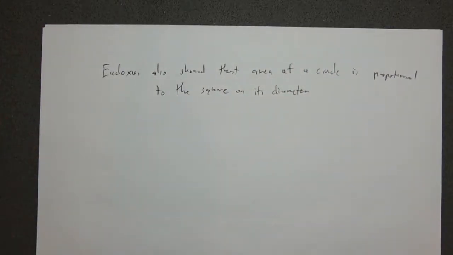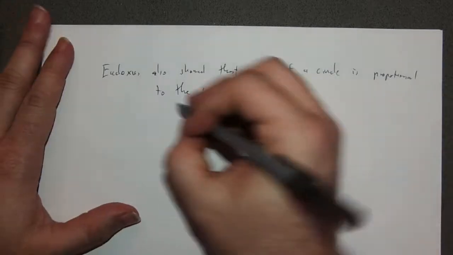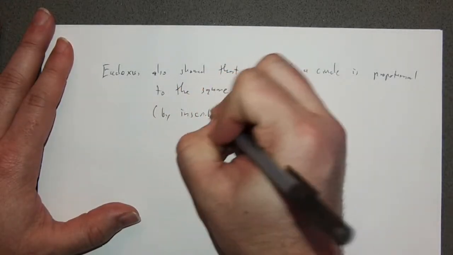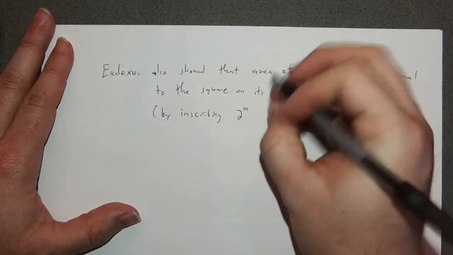Okay. And he did this by inscribing 2 to the n-gons, this process that we talked about before.